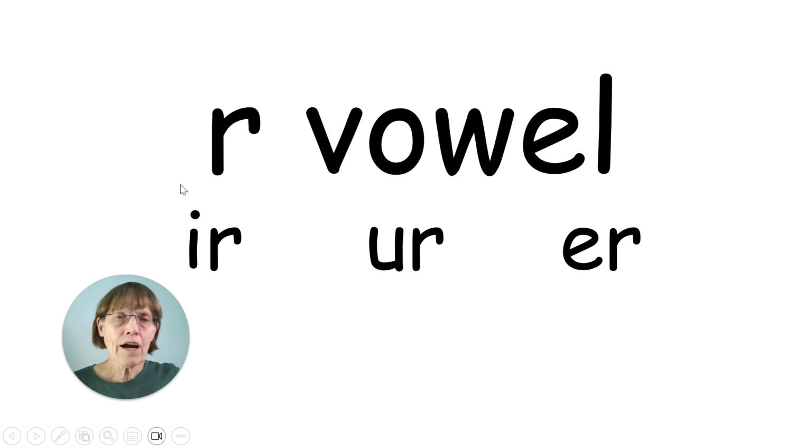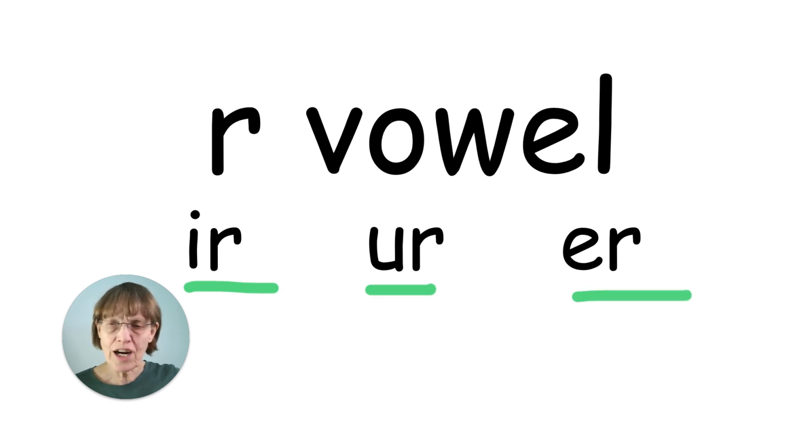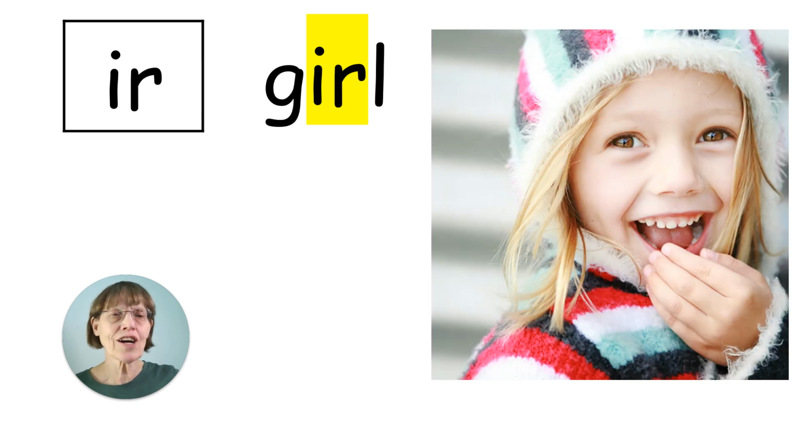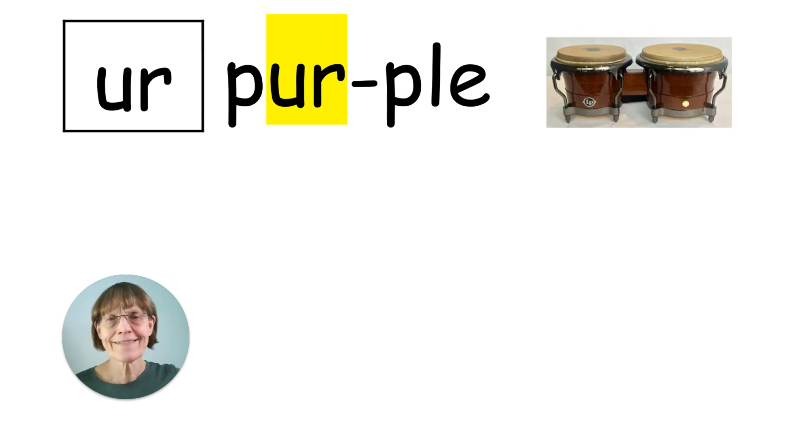For the R vowel, we have 3 spellings. We can spell it with IR, UR, or ER. Please read. Girl. Here we have a 2-beat word.